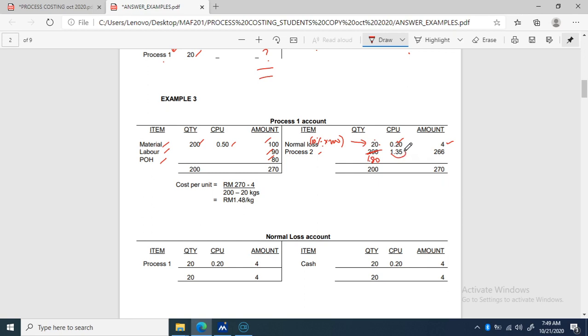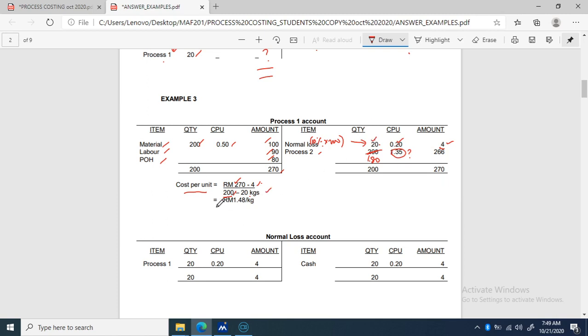But how much is the CPU? We have to calculate the CPU. If you refer here, the total cost is 270 minus normal loss scrap value. How much is it? 4 ringgit, divided by input quantity 200 minus quantity of normal loss 20 kg.